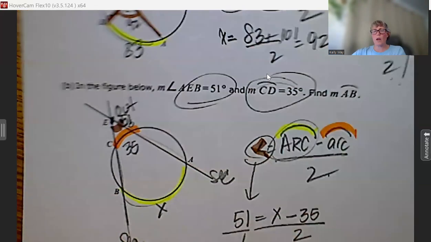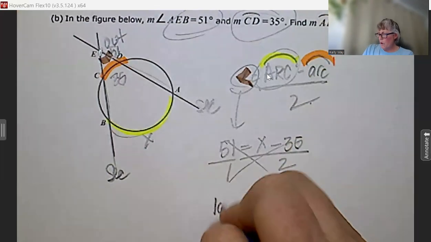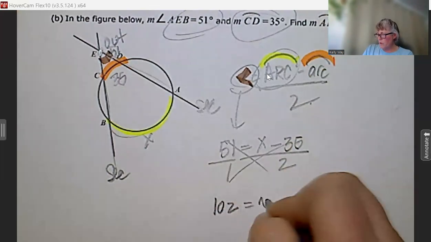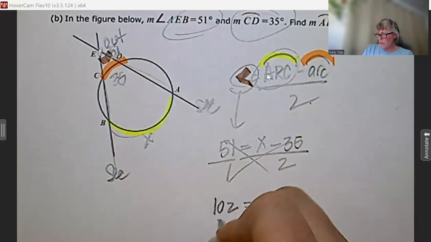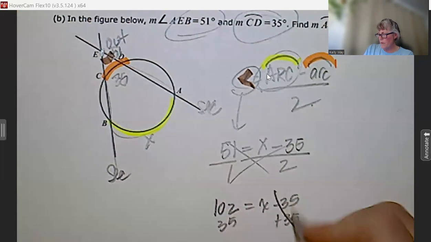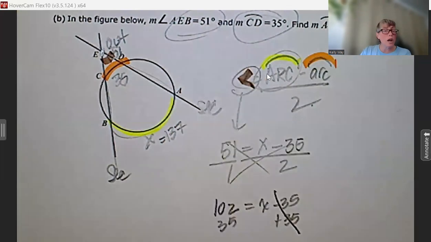Cross multiply. 102 equals X minus 35. Of course, we're adding 35 to both. X equals 137.